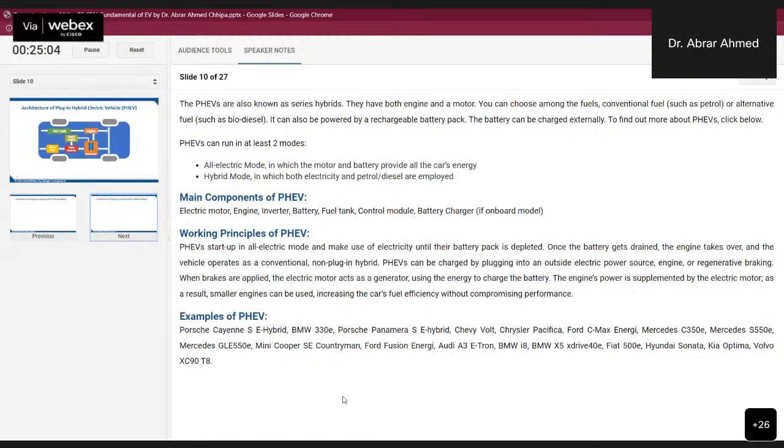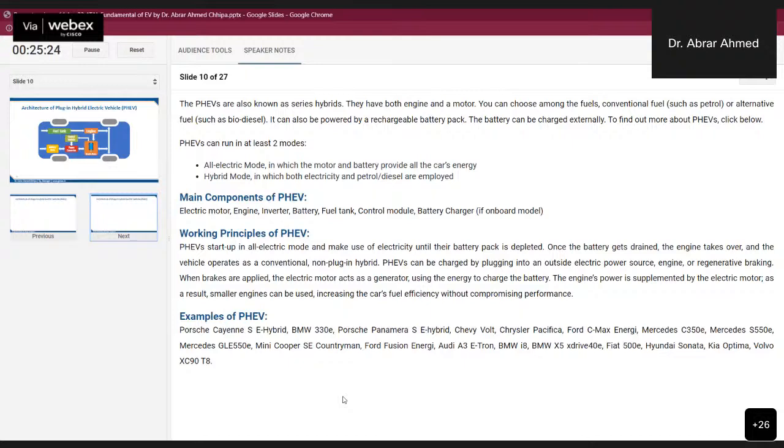In HEV, the battery bank and the engine produce the power combinedly. But in PHEV, you have different modes of running.